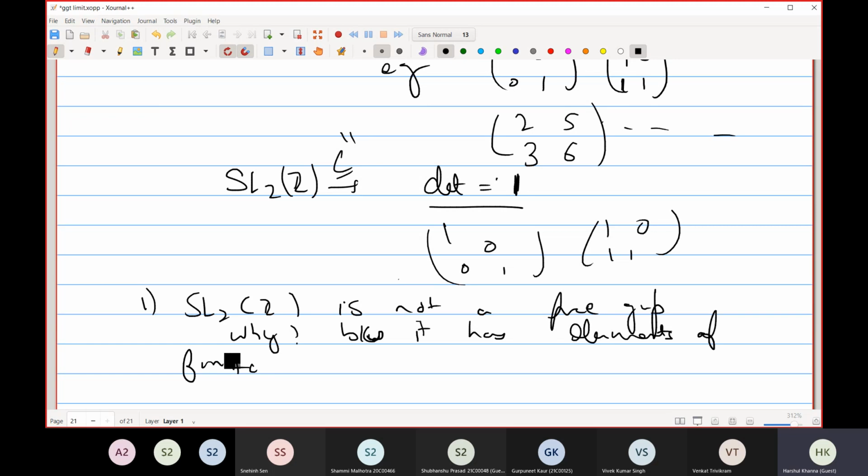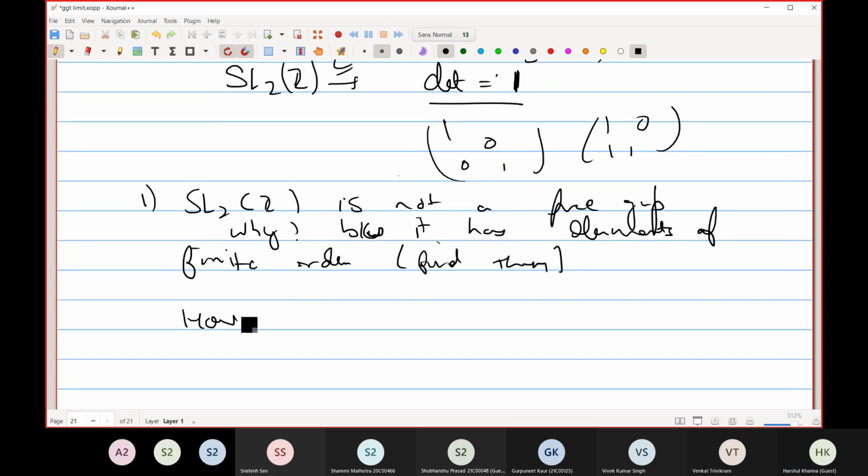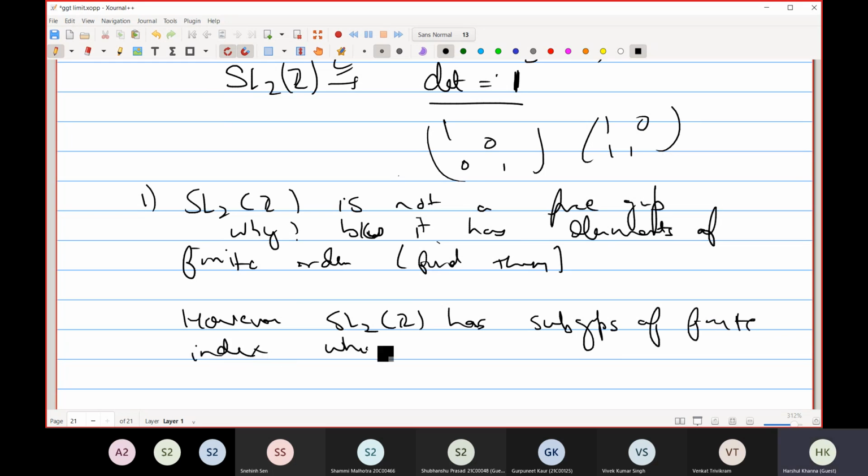But a free group cannot have them, because there is no relation between the elements or on the generators themselves. There are no finite order elements, other than the identity. So because it has elements of finite order not equal to the identity, it is not free. However, SL2Z has subgroups of finite index which are isomorphic to a free group.